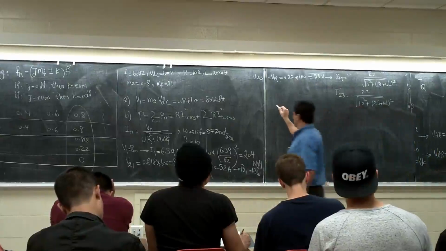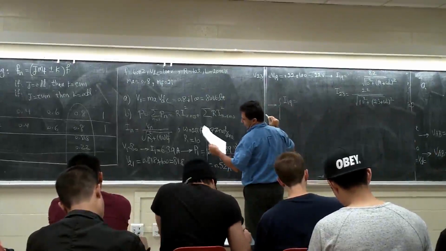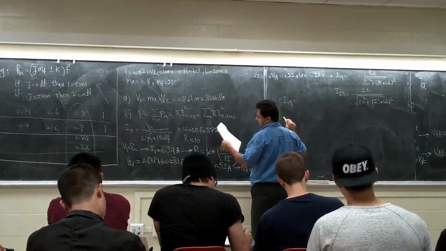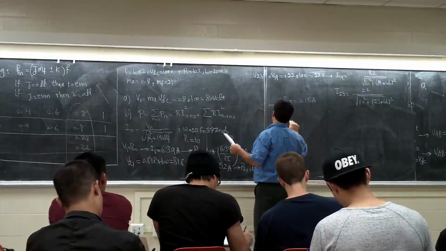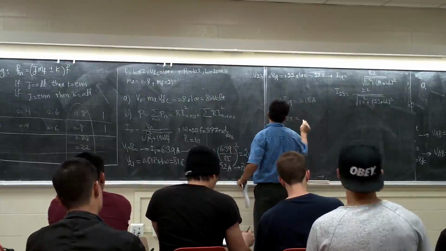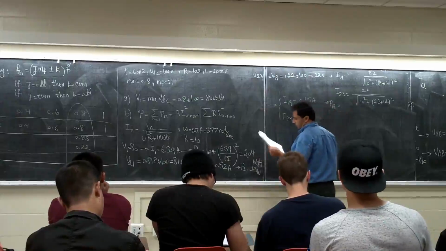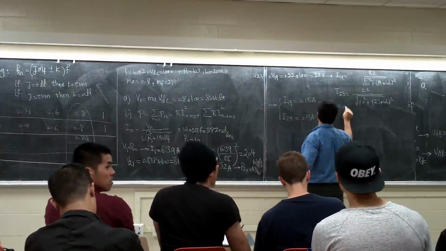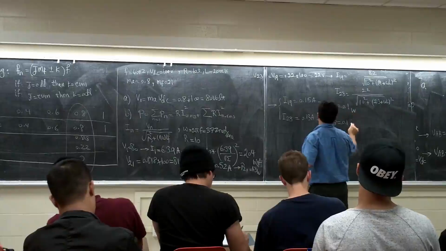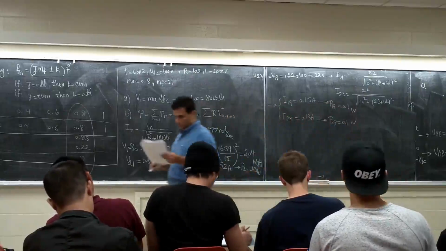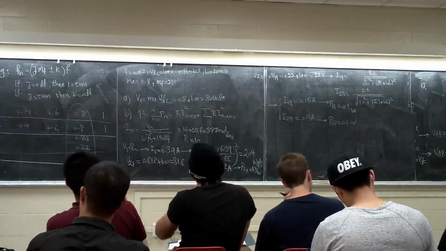If we calculate these two values, I-19 is going to be 0.15. These are the maximum values I'm putting here. And I-23 is going to be a little bit less, 0.13. This one is going to give us a P19 of how much? P19 of 0.1 watt. This one is going to give us almost the same thing, 0.1 watt, a little bit less. See? How much is the power absorbed by the resistor?